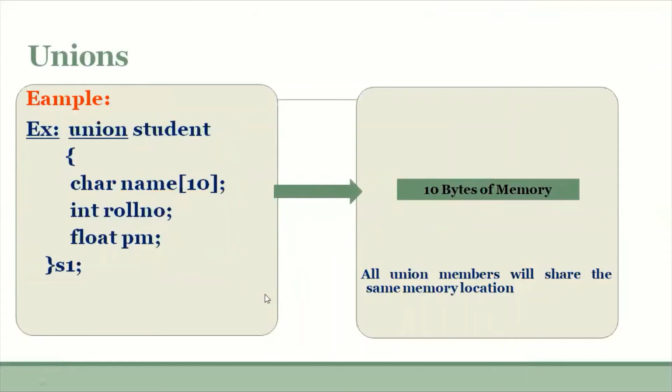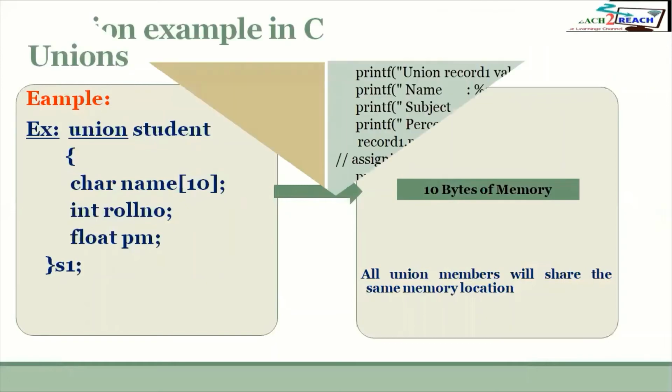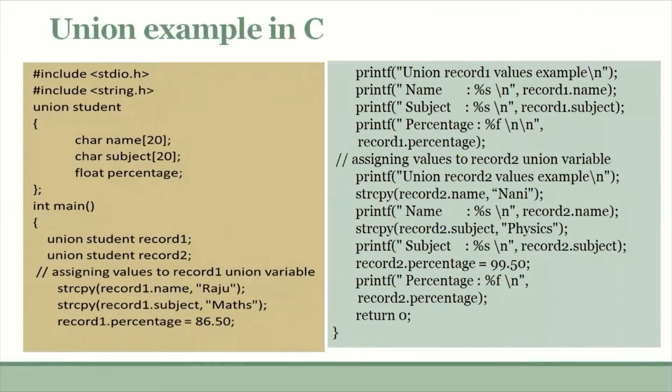That is about union example, syntax and example. Then coming to an example program related to unions. That is the student union. In these 3 members, 20, 20, and float 4. Among these 3, 20 is the largest.